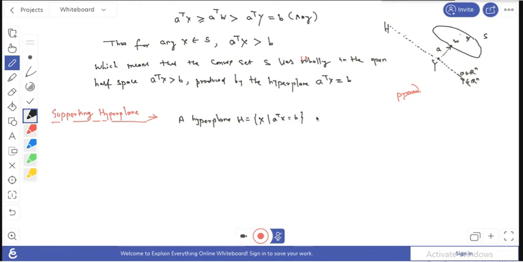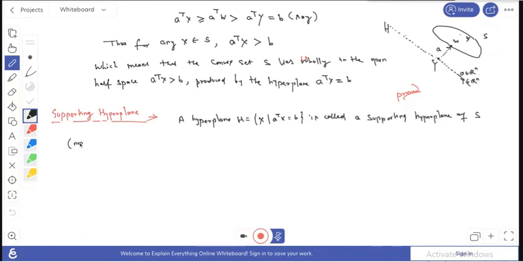Okay, so this hyperplane H is called a supporting hyperplane of any set S which is a non-empty set in Rn.